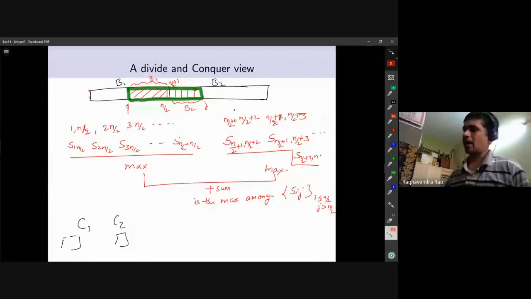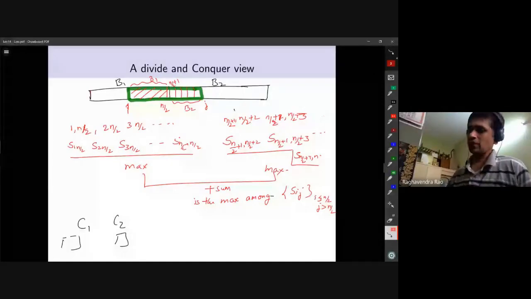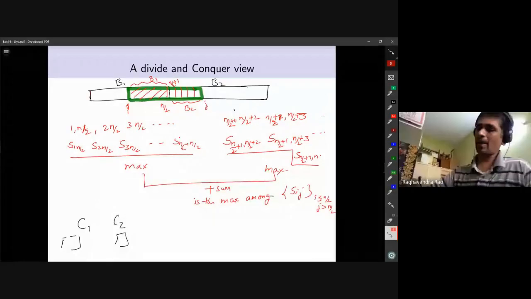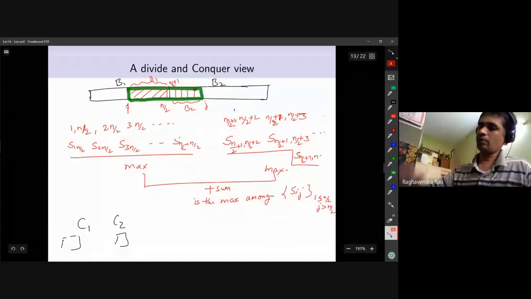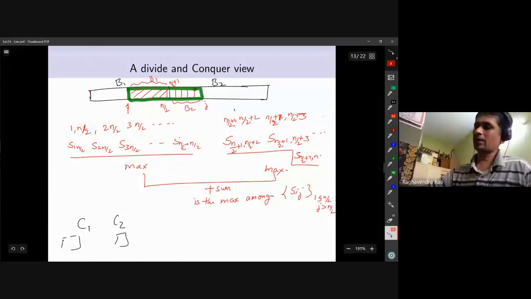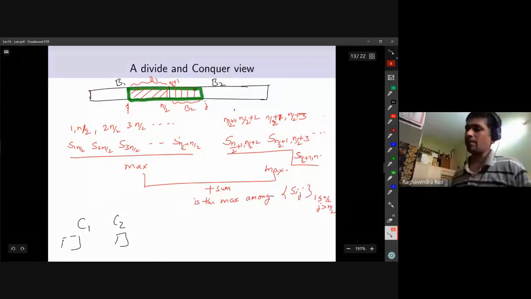So these two things, that is induction hypothesis and the observation that to compute the max among pairwise sums, all you need to do is take max from the left hand side and take max from the right hand side. Their sum immediately gives me the maximum. So combined with these two gives the correctness.